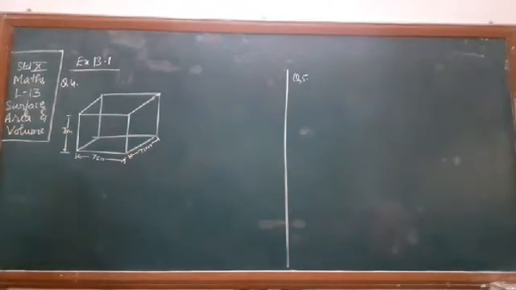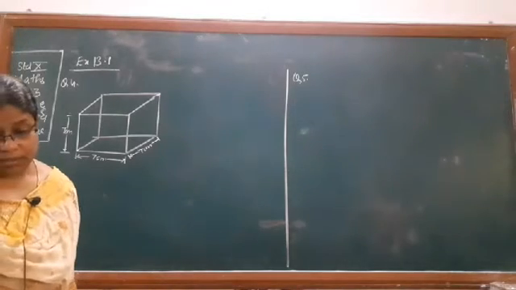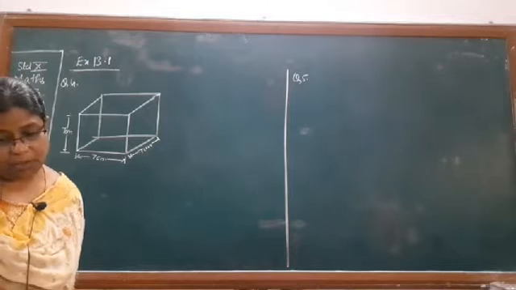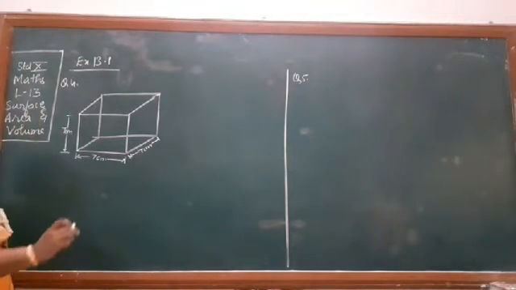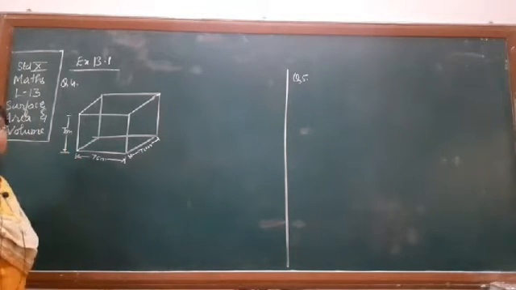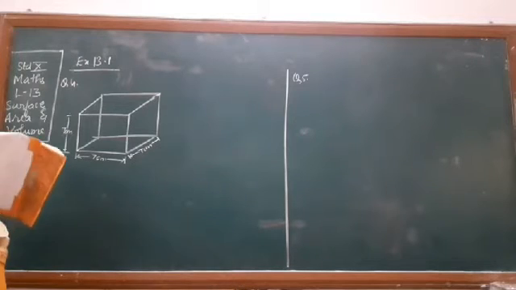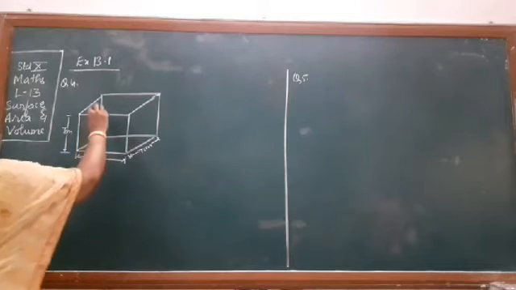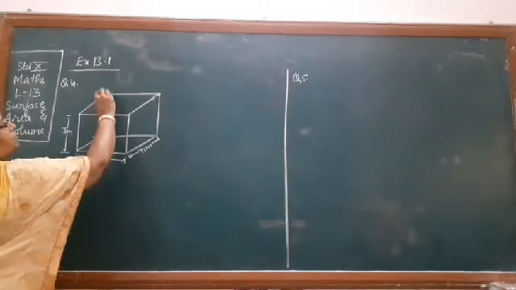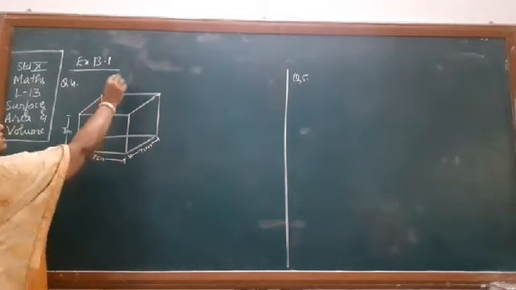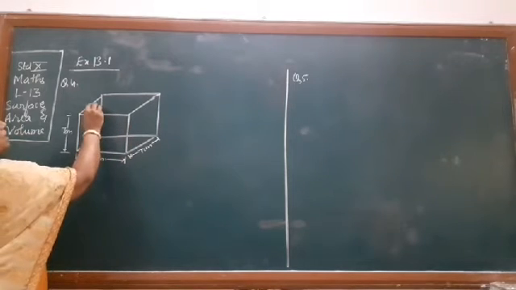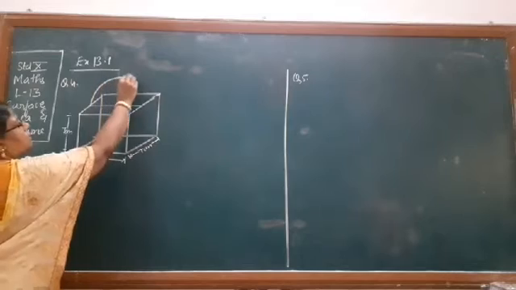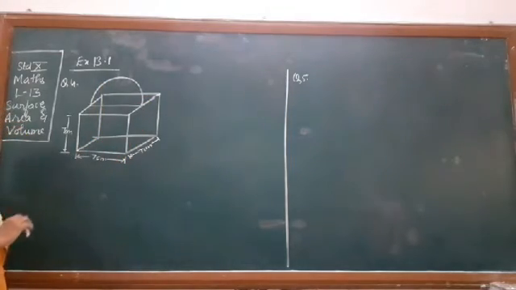Now, a hemisphere is surmounted on it. And what is the greatest diameter the hemisphere can have? If a hemisphere has to be surmounted on it, that means the greatest diameter can be this only, no? देखो ऐसे surmount होता है.